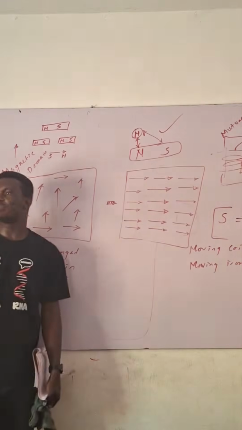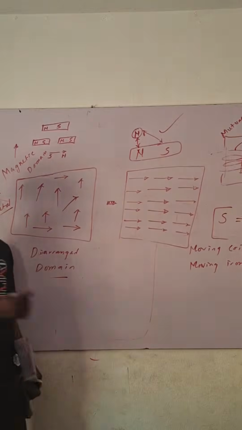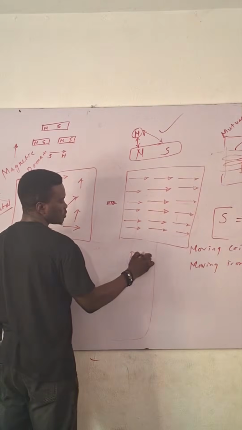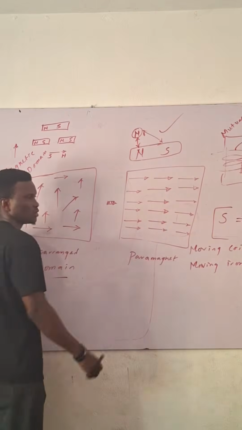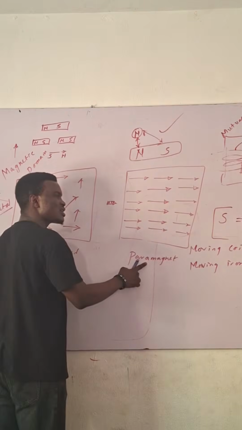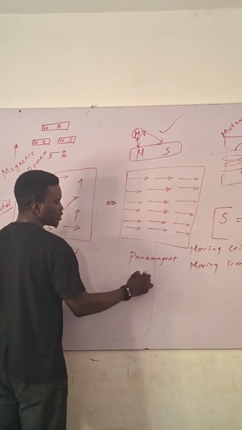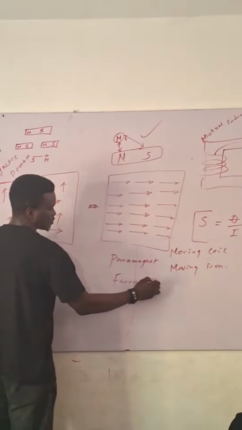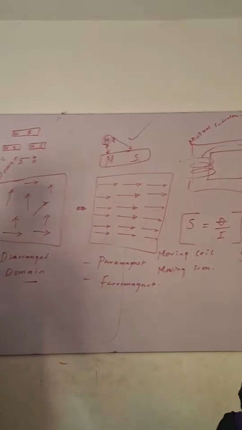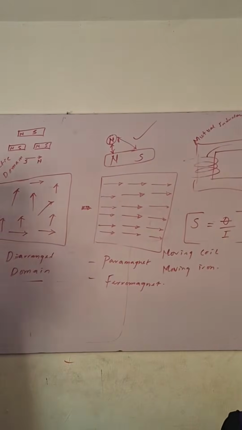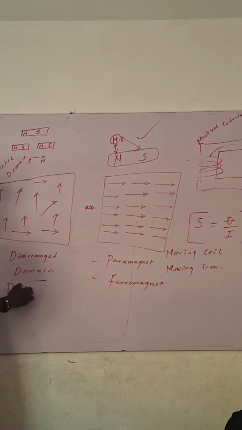And anything that has the ability to attract another, we usually call it paramagnet. A stronger magnet is called ferromagnet. While the ones that cannot be attracted is called diamagnet.